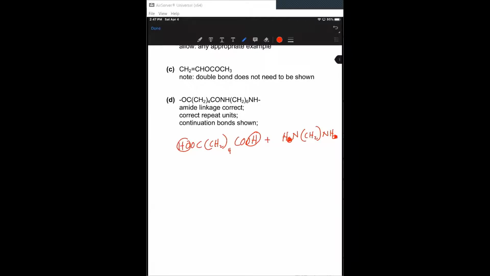So when you draw the structure, OC (CH2)4 CO, then from the CO, it bonds with the N, because the N-H bond is the one which is broken. Here you should not write HN. If you write HN, that will be wrong, because you are showing that oxygen is bonded to hydrogen. No, oxygen is bonded to nitrogen, so be careful.